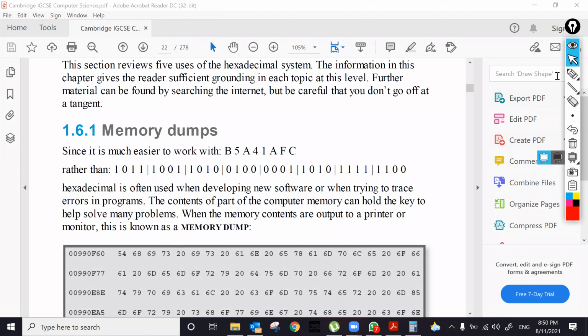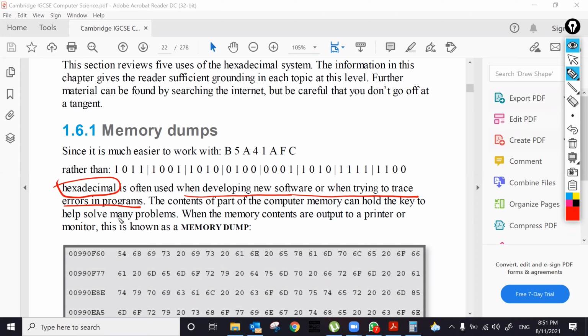So just keep in mind, if they are asking what is the usage of the memory dump, you can say this one: when developing new software or when trying to trace errors, right? They use the hexadecimal number system.